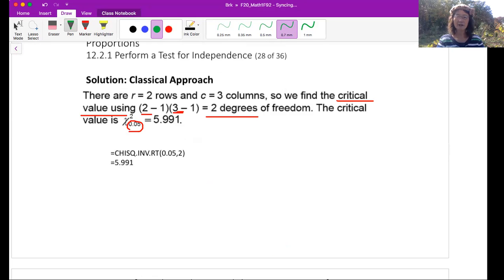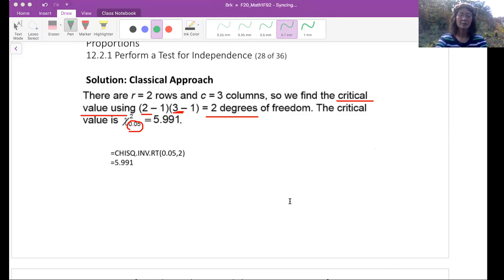Another method, you can use Excel. For Excel, you just type in equal CHISQ.INV.RT. INV means critical value, and RT, right tail, because chi-square in chapter 11 is a right tail test.